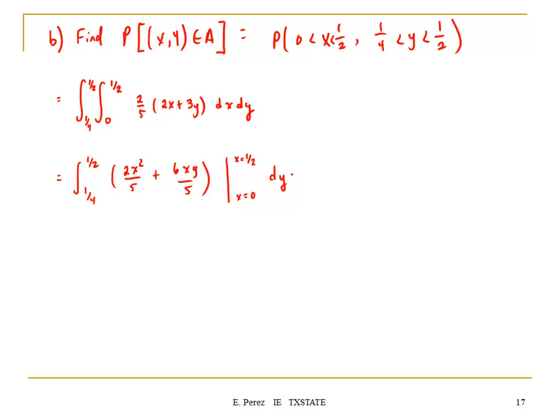Now you evaluate that integration, and you get an integral in terms of y, which equals the integral from 1/4 to 1/2 of (1/10 plus 3y over 5) dy.